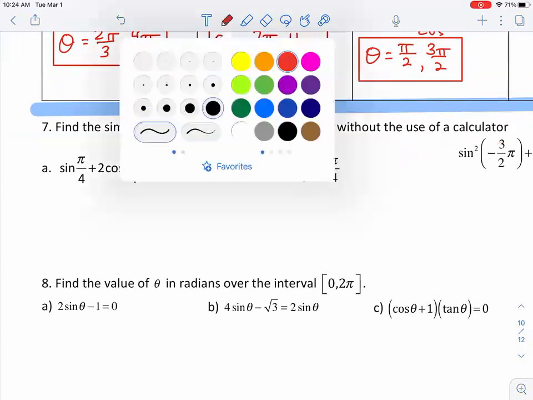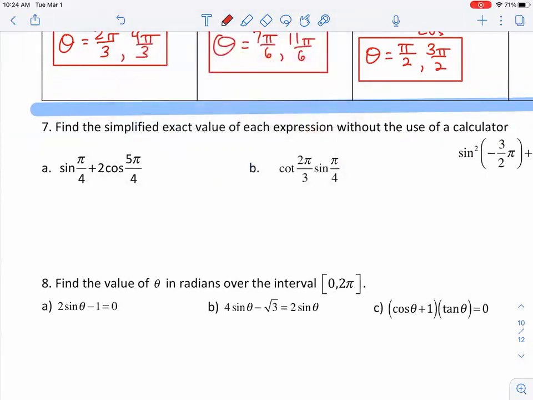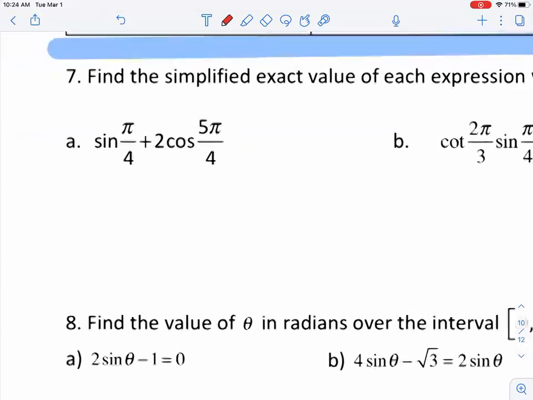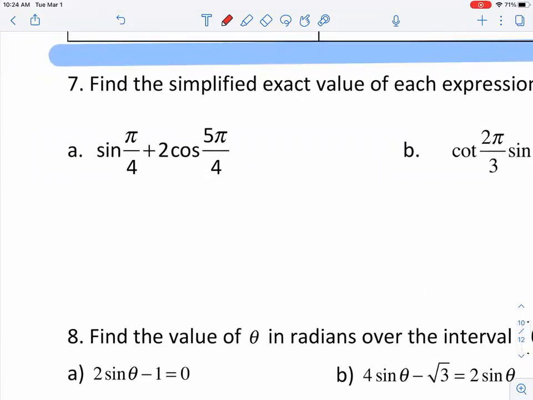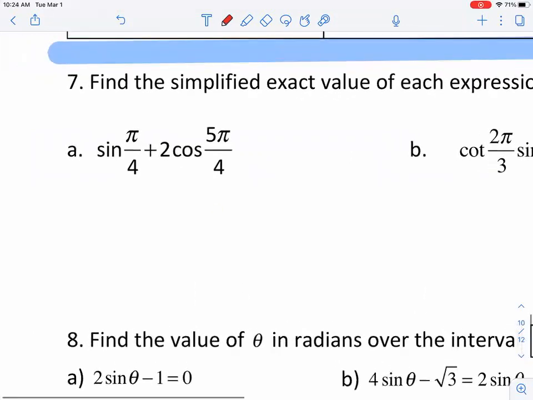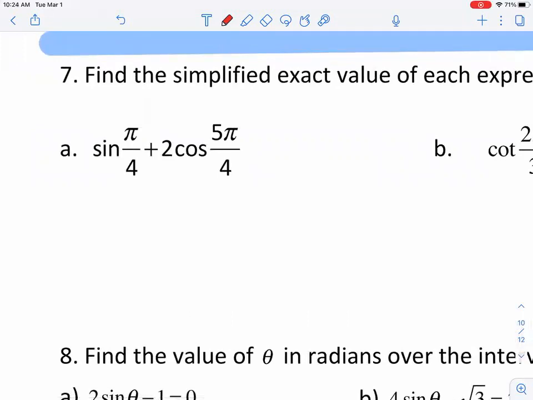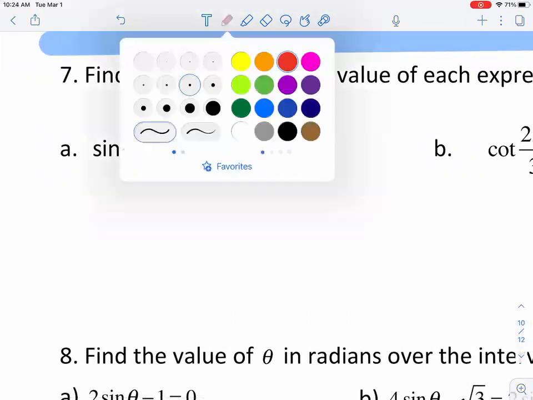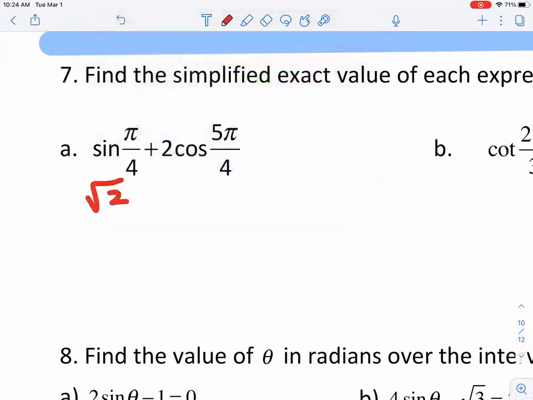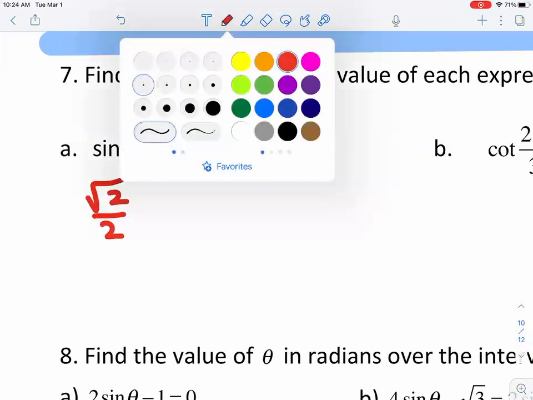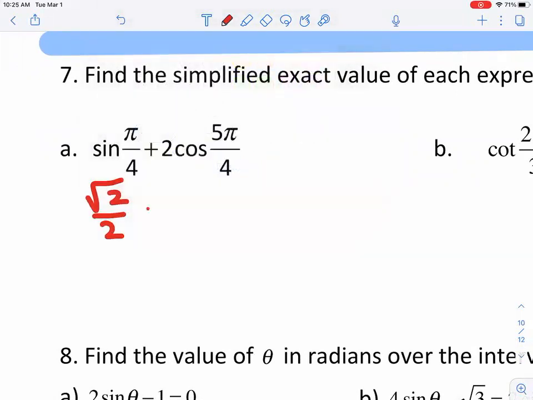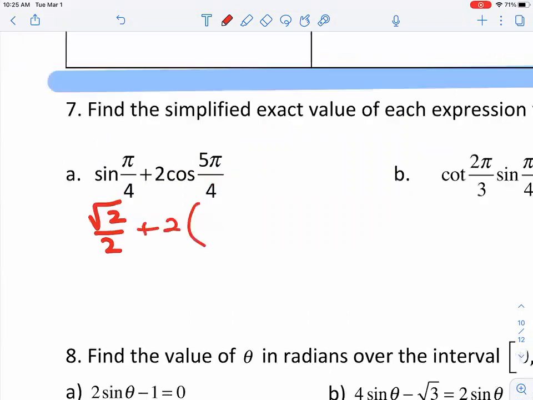So if we want to find the sine of pi over 4, remember looking at your first quadrant of the unit circle, sine of pi over 4 is root 2 over 2. Plus 2 times the cosine of 5 pi over 4.